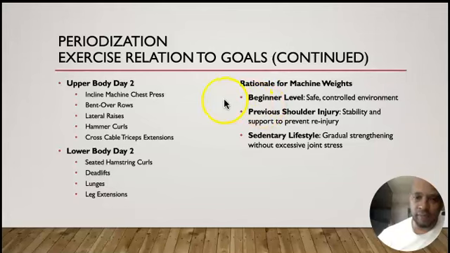So the rationale for the machine weights: one, Andrew being beginner level, the machine weights provide a safe and controlled environment for someone of his level.